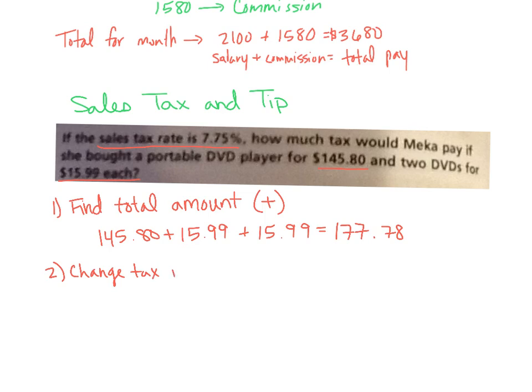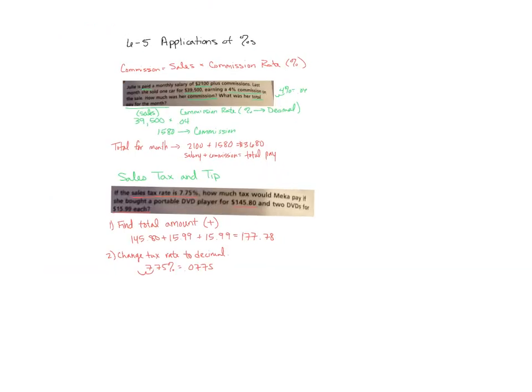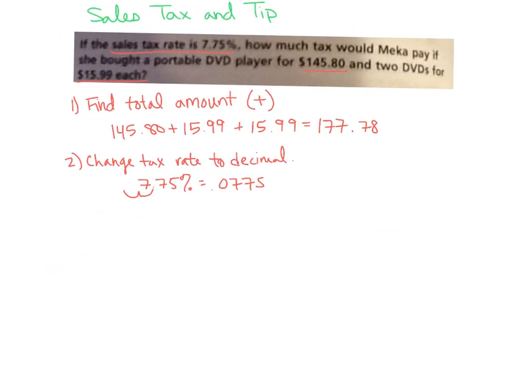Then, to change tax rate to decimal. So we have 7.75%, and we change that to a decimal. We fill the empty with a 0, and we get 0.0775. And the third is multiply total amount by decimal tax rate.